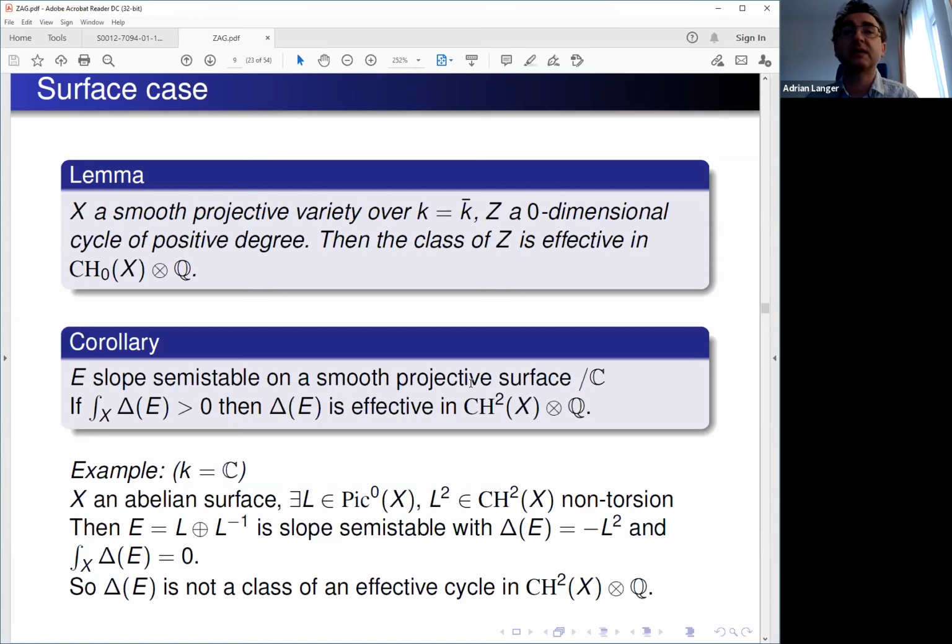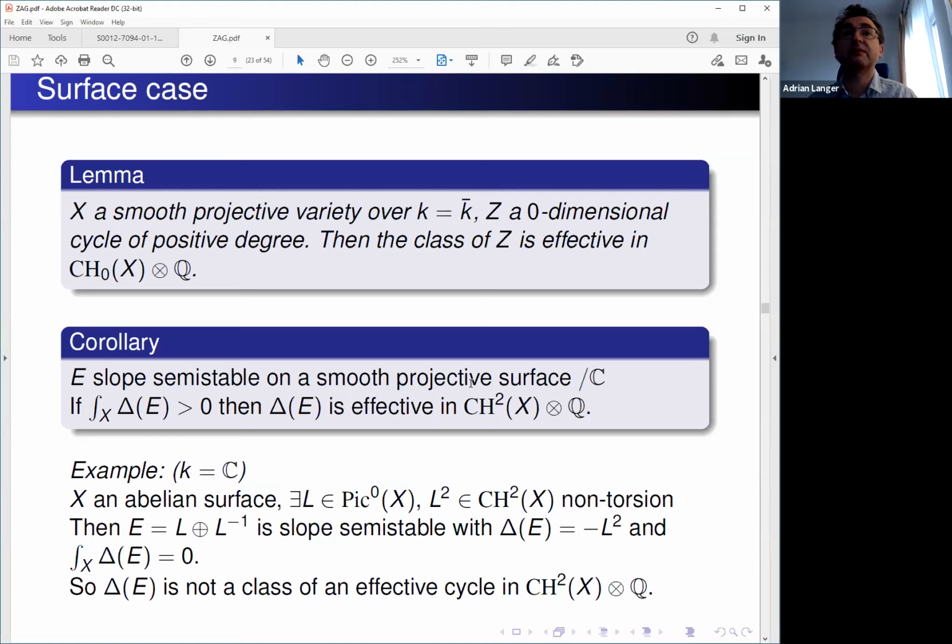In the case of stability, maybe things improve, which one can hope for, but not so much, because if we have, say, a stable rank 2 vector bundle which after a finite covering becomes slope semi-stable of the form that we see here, then again we can't expect the discriminant to be effective.